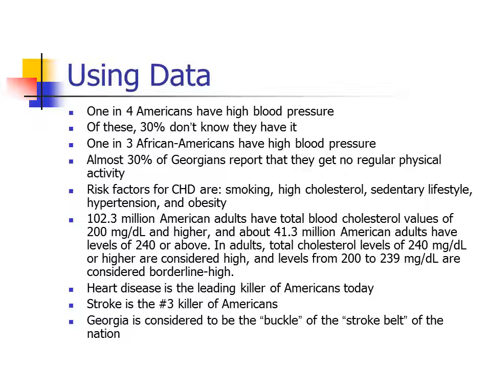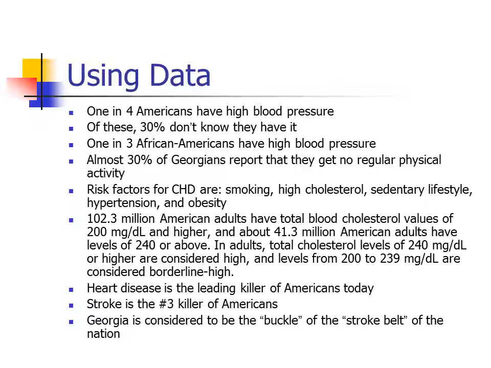Well, we want to try to grab people's attention about the extent of the problem. And so we would want to pull key indicators out and present those in the form of a program rationale or telling the story of a community. So things like, 1 in 4 Americans have high blood pressure.